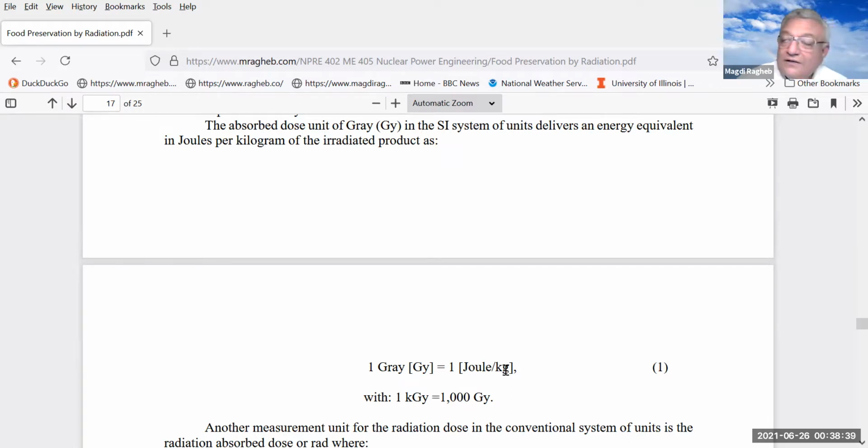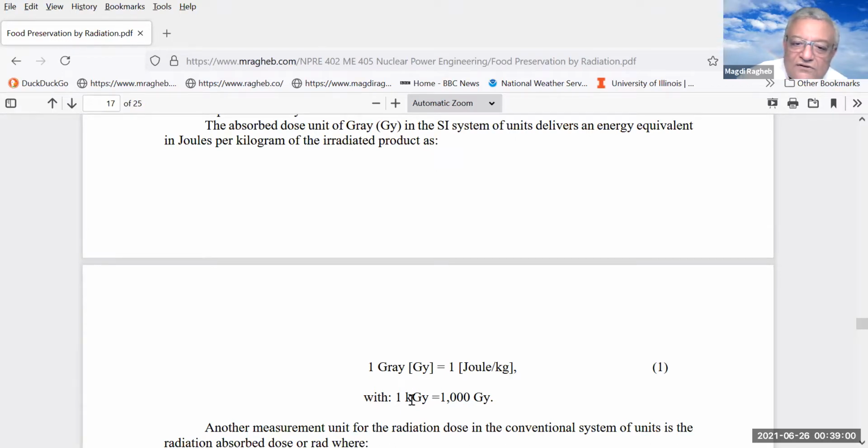Later on, in another chapter, we'll specify if that material is living matter. This here is any matter, whether it's living or not living. So 1 gray is the delivery of 1 joule per kilogram of the material that is subjected to radiation.